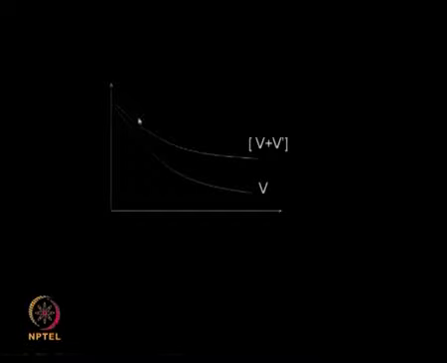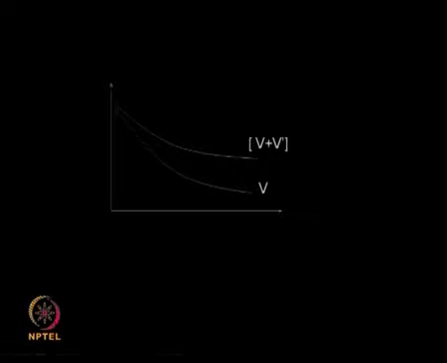In the second extreme, we assume the mass transfer coefficient is infinity, so it is almost like telescoping or combining both the tanks V and V dash together, like one single tank of volume V plus V dash. This is how the performance will look in case 2, and this is how it will look in case 1. In any realistic system where k is neither 0 nor infinity, the performance will fall within these two extremes.